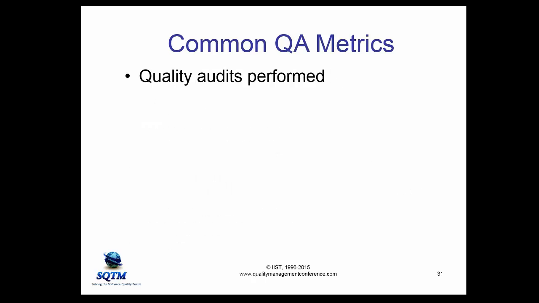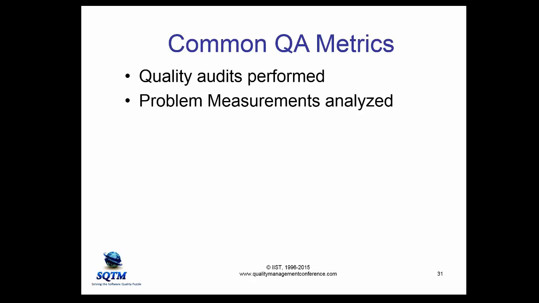So, common QA metrics. Are quality audits performed? How many did you perform? What were the results? Problem measures analyzed. So if you've got problem reports, is there a root cause that is causing this, or is it a random cause?